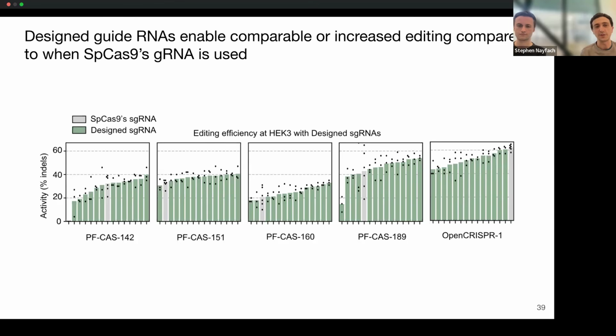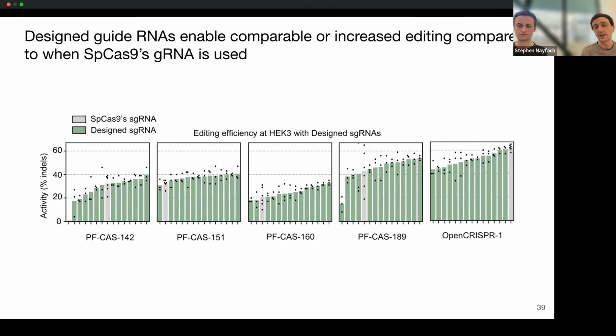And in many cases, what you see is that our designed guides that were generated using our machine learning model show good compatibility with these proteins, equaling or in some cases even exceeding that of SP-Cas9.